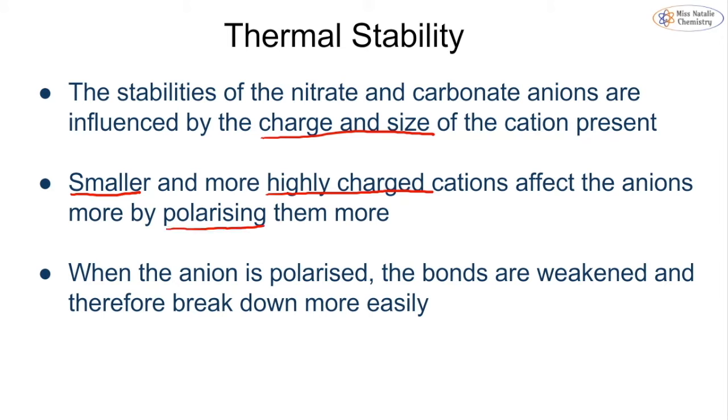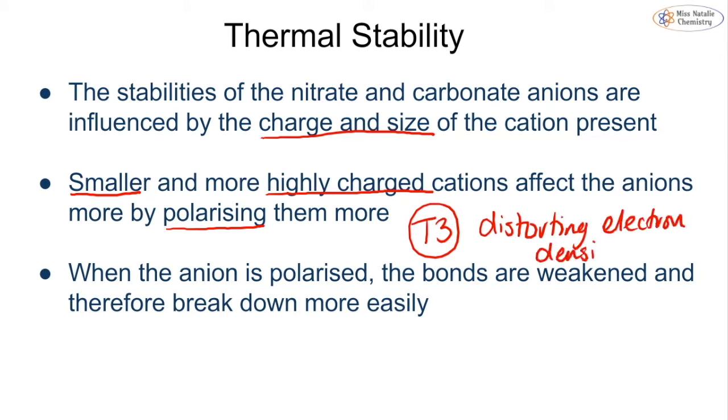So you talked about polarization back in topic 3 when you were looking at how a cation affects the shape of an anion, and it does it by distorting the electron density. And this distortion is known as polarization. When the anion is polarized, this weakens the bonds and it allows them to break down much more easily.